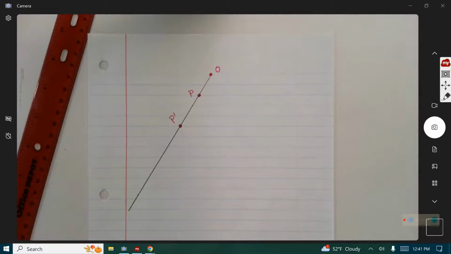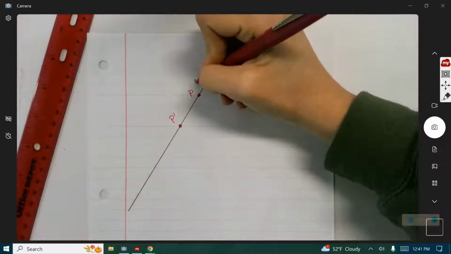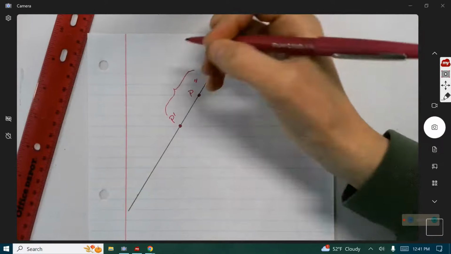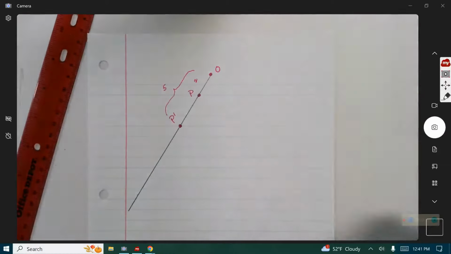Well, we can think about the spaces between the lines similarly to how we use the coordinate plane or a coordinate grid. So we can say from O to P is a distance of 2, and from O to P prime is a distance of 5. So we can determine our scale factor by using our formula from before.